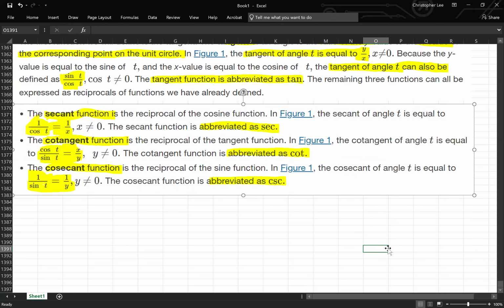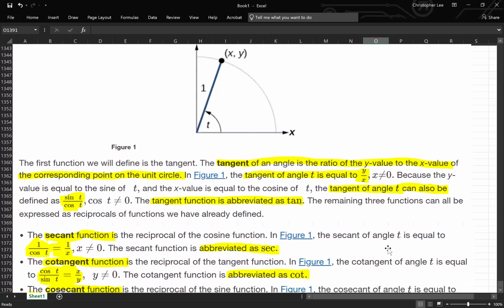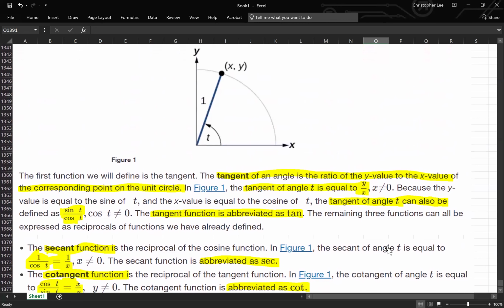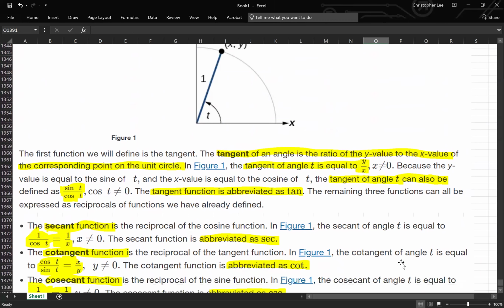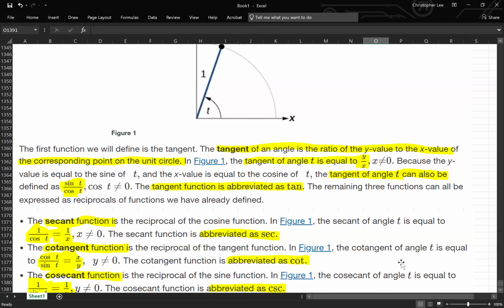The secant function is the reciprocal of the cosine function. In figure 1 that we had up here, the secant of angle t is equal to 1 over cosine of t, which is equal to 1 over x. The secant function is abbreviated as sec, S-E-C. The cotangent function is the reciprocal of the tangent function.